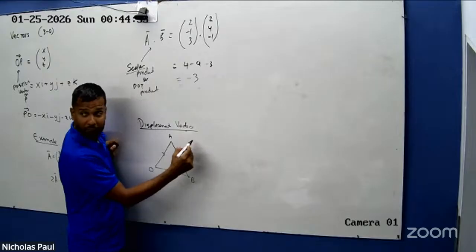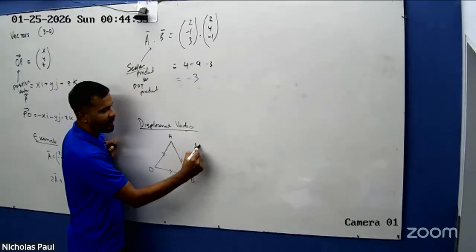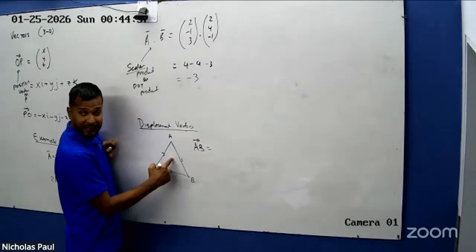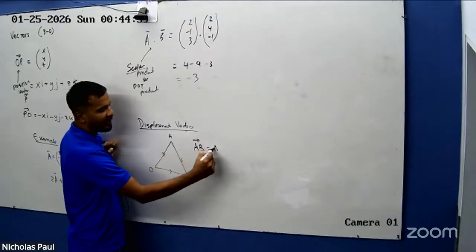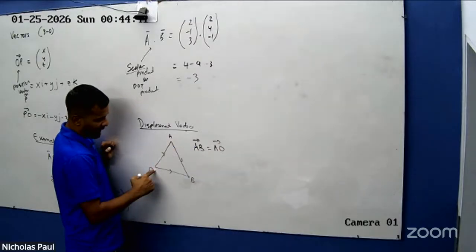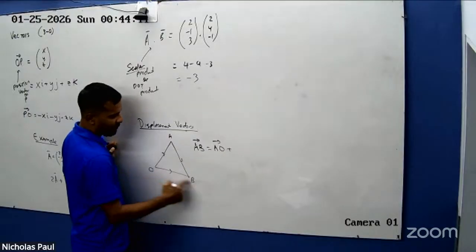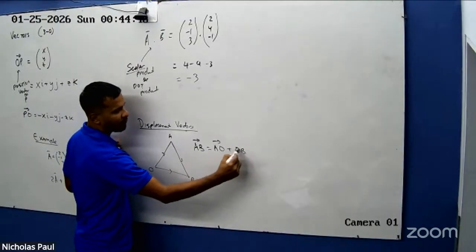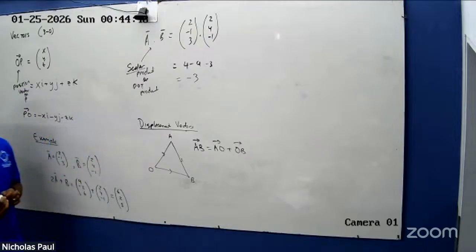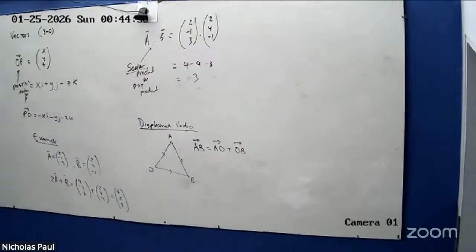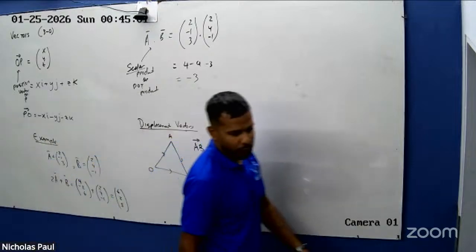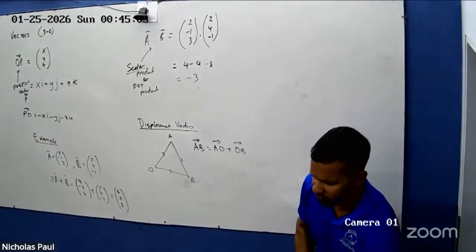So therefore, in order for us to find AB, all we need to do is find A to O, and then find O to B. Right? That's it. A to O plus O to B, and we have the unknown vector. Just like Form 5, right? That's okay? Only thing is a little bit new now. In fact, no, this is not new.